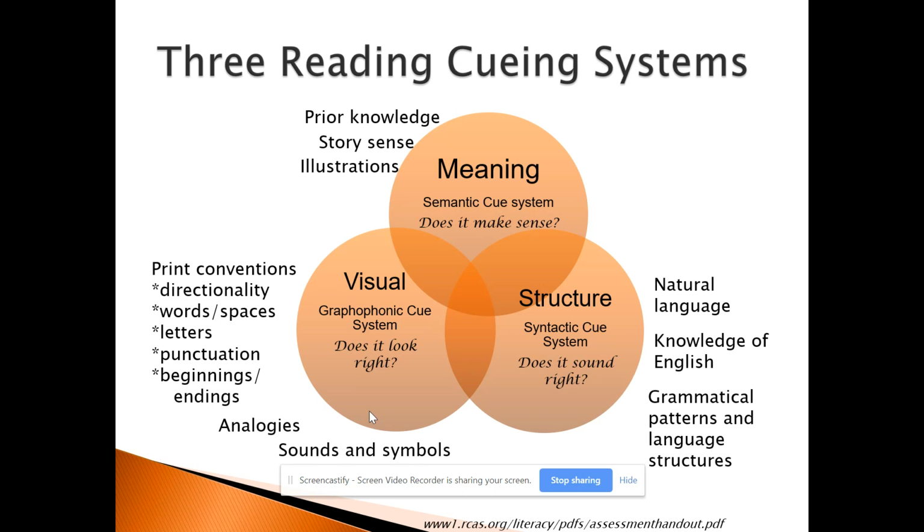If we're working on the structure cue, the student needs to learn more grammatical patterns and language structures. And the visual cue could be any number of things, but if we're talking print conventions specifically, and a student hasn't yet learned to read from left to right, or that there's space between words, then maybe we need to teach them that.